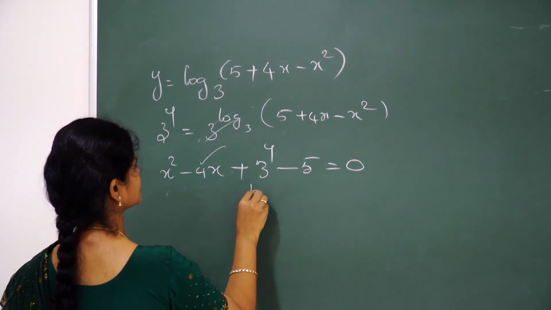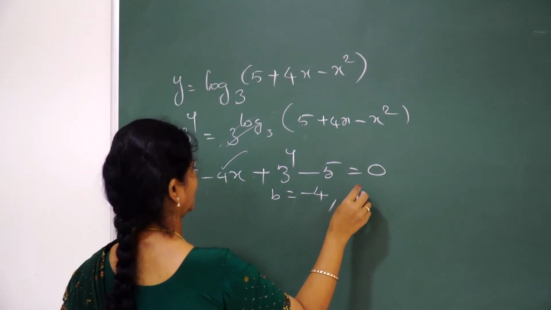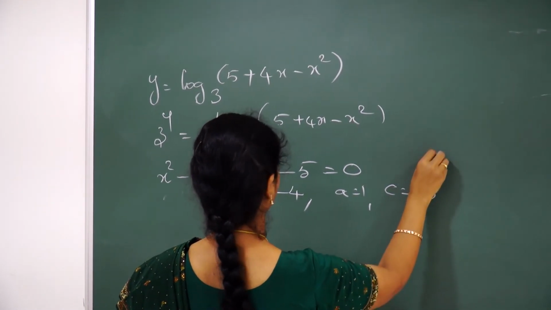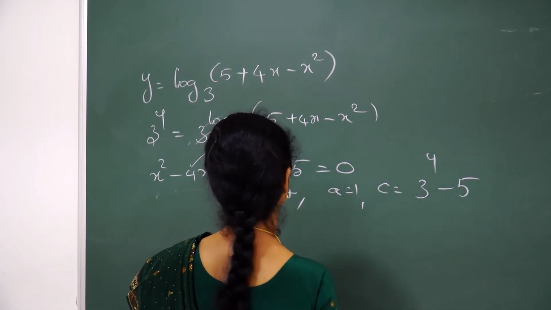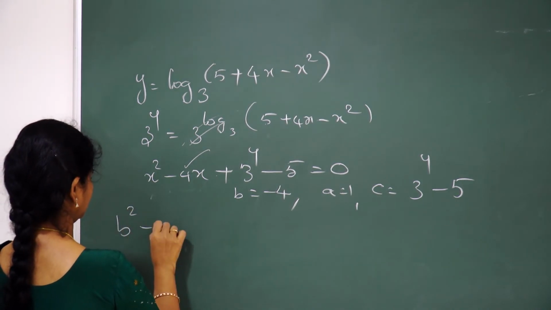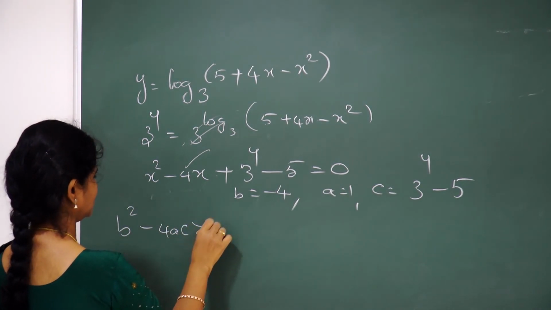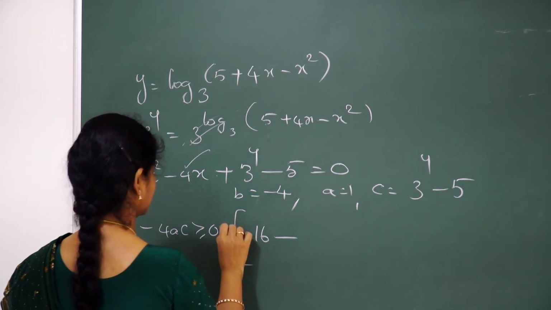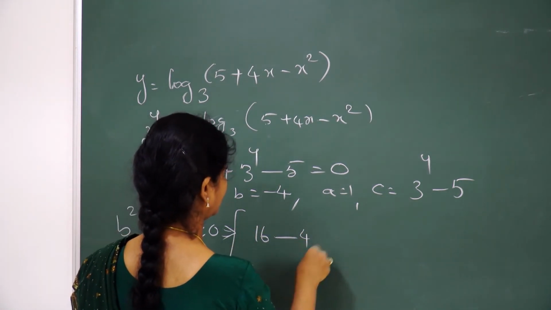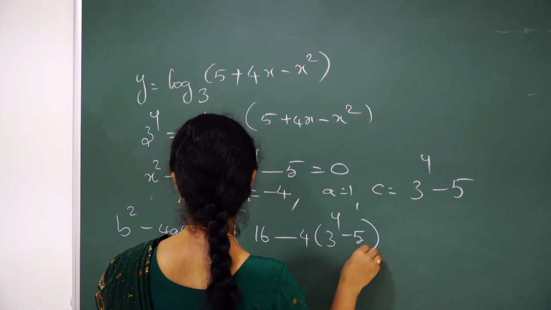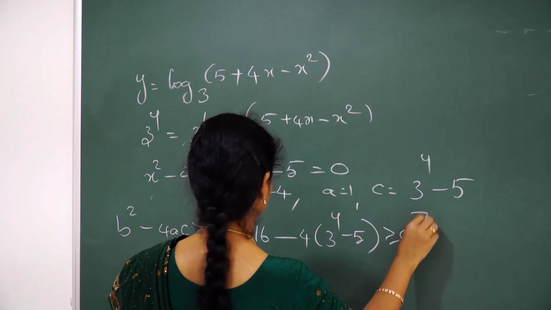Here b is minus 4, a is 1, and c equals 3 power y minus 5. So using b square minus 4ac greater than or equal to 0, this implies 16 minus 4 into 3 power y minus 5 is greater than or equal to 0.